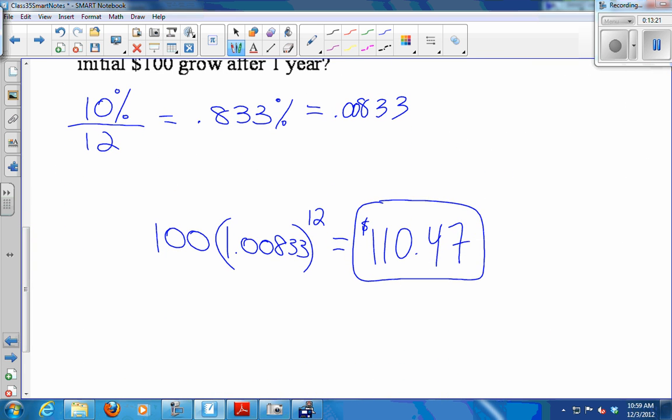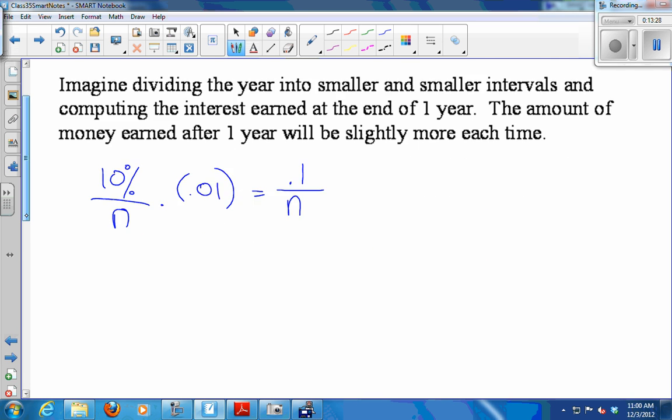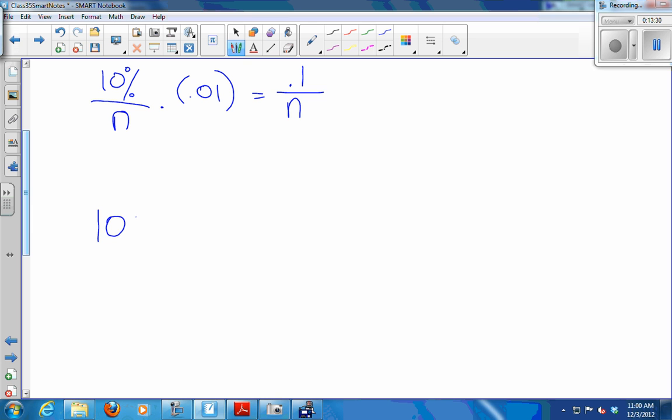Yep, but first you added 1 to it, because you get to keep 100%. And then we're going to raise it to the nth power. So I'm going to do my initial investment, $100, and then 1 plus the percentage I'm making at each compounding, and I do that n times per year.